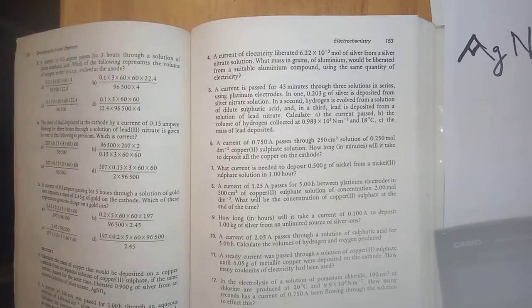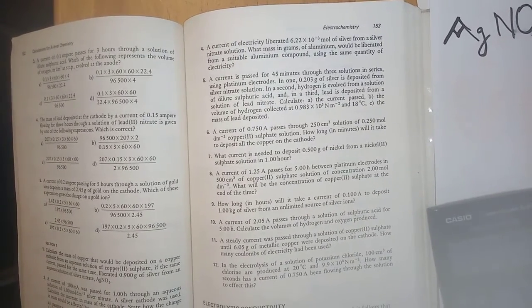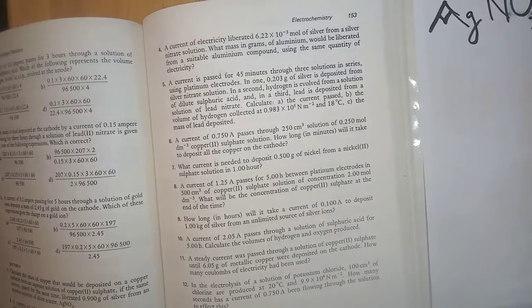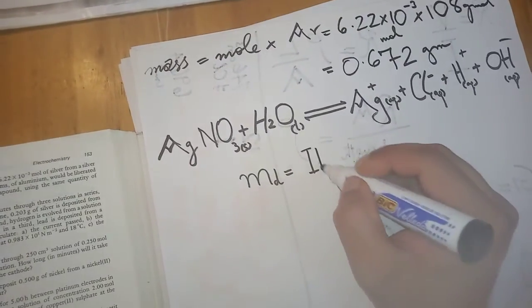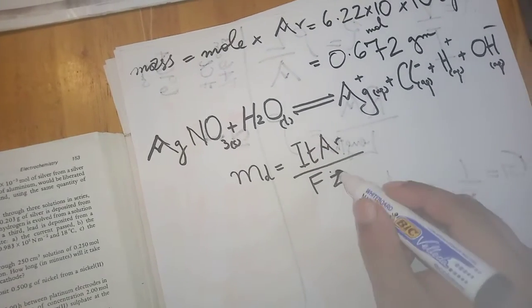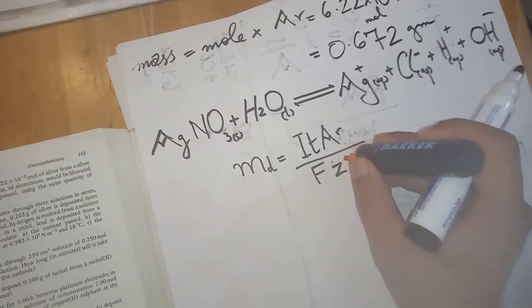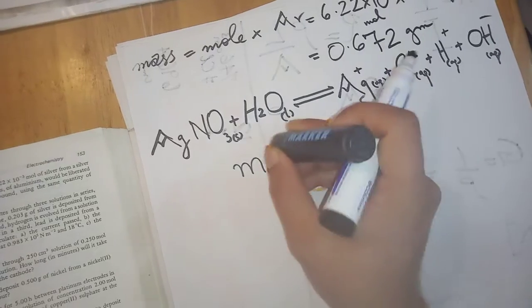What mass in grams of aluminium would be liberated from a suitable aluminium compound using the same quantity of electricity? So here, in this equation of mass deposited, we know this, and this, and this.